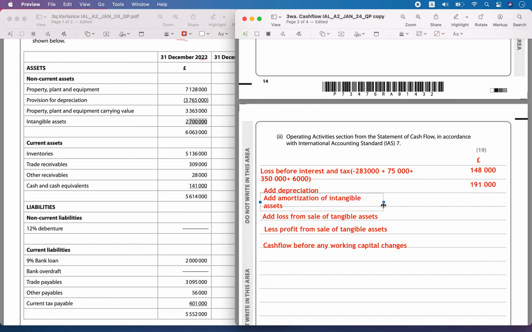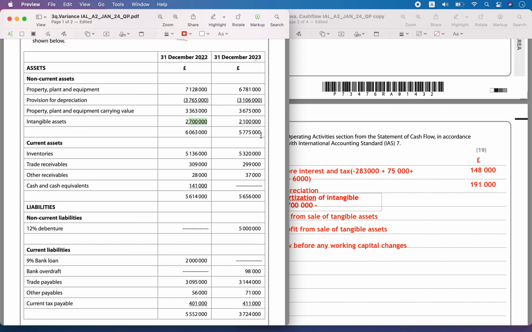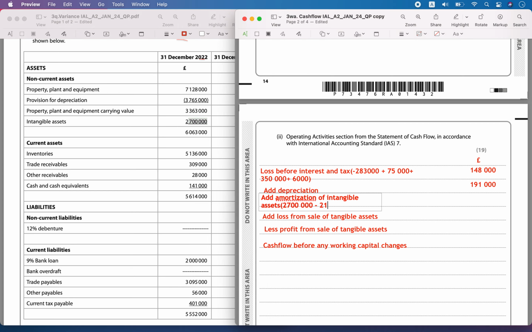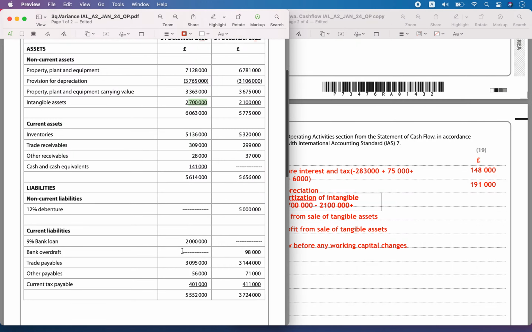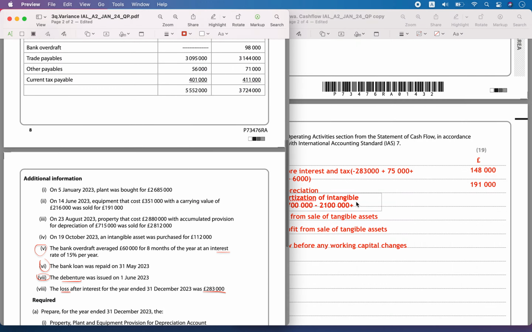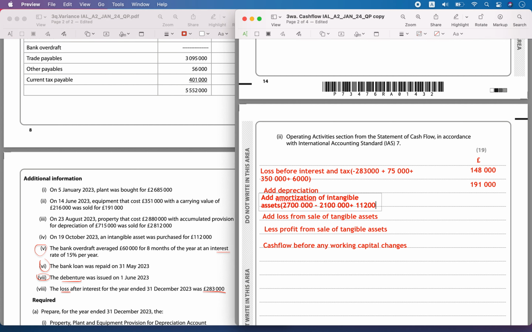So here we can see it is nothing but 700,000 minus 100,000, and then plus there was a purchase of 112,000. So this was the amortization that will be added back.